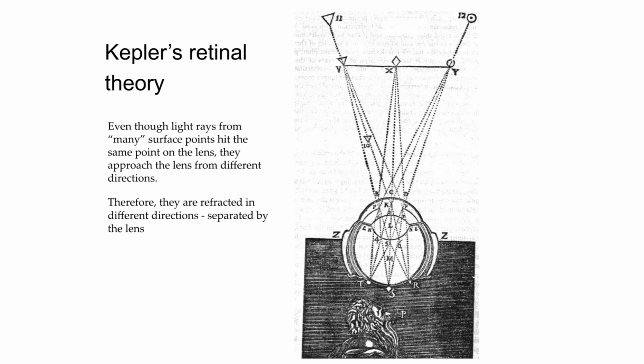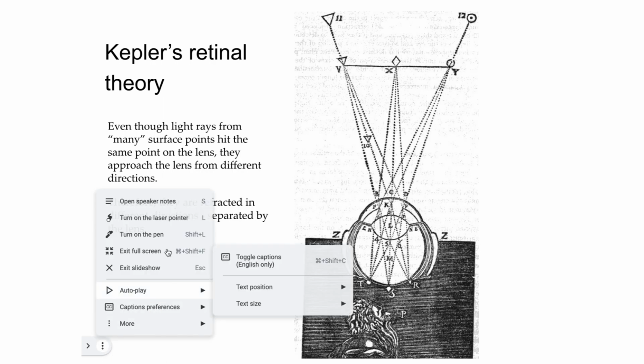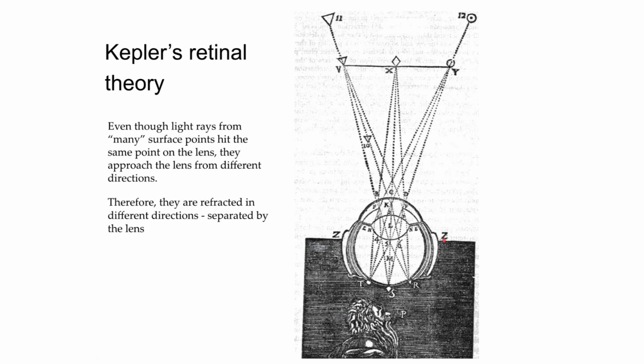So Kepler's retinal theory says that even though light rays from many surface points hit the same point on the lens, they approach the lens from different directions, and therefore they are refracted in different directions, separated by the lens. According to Kepler's retinal theory, light is emitted from the external objects, as you can see here, from different external objects.